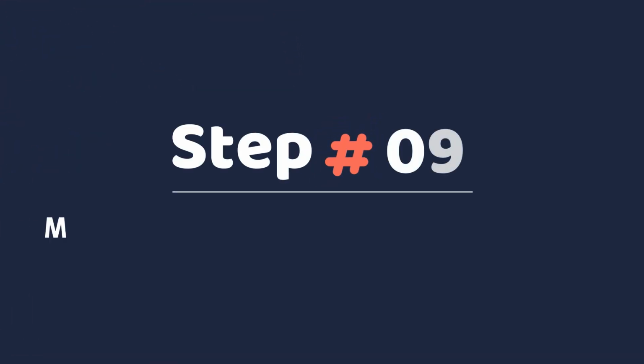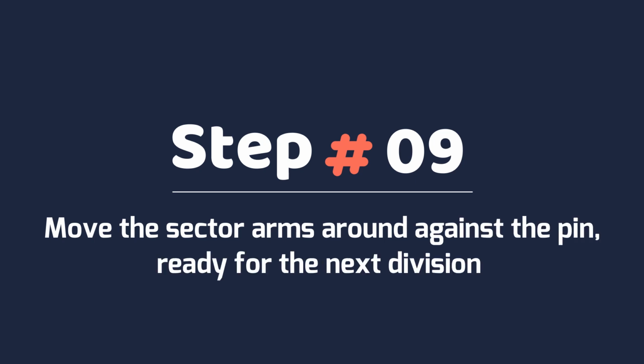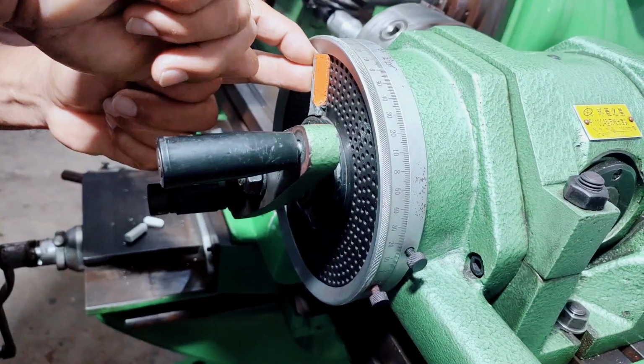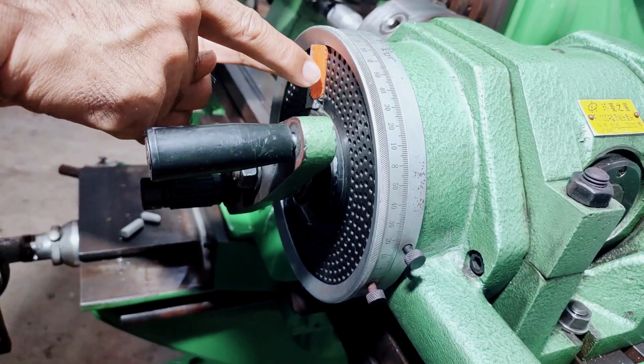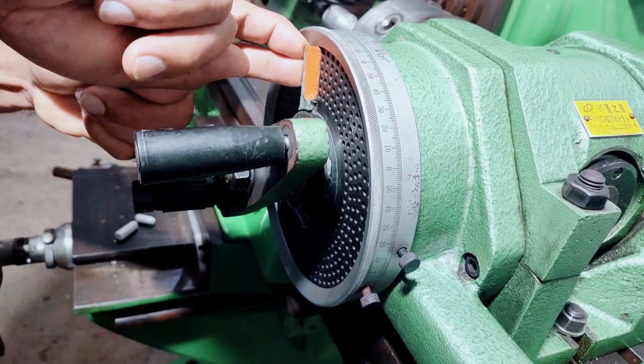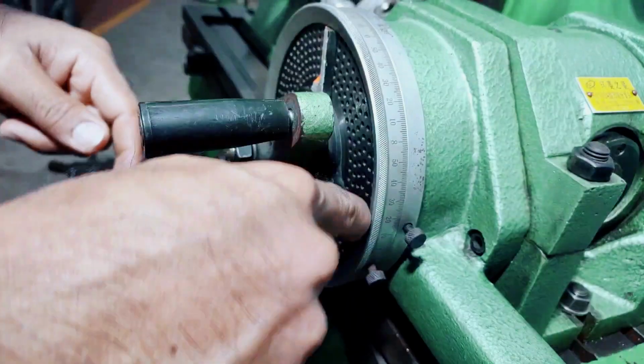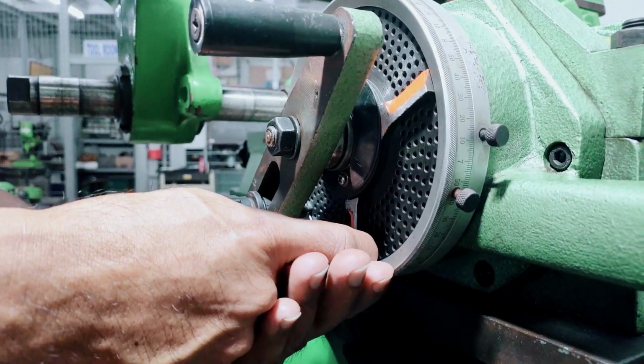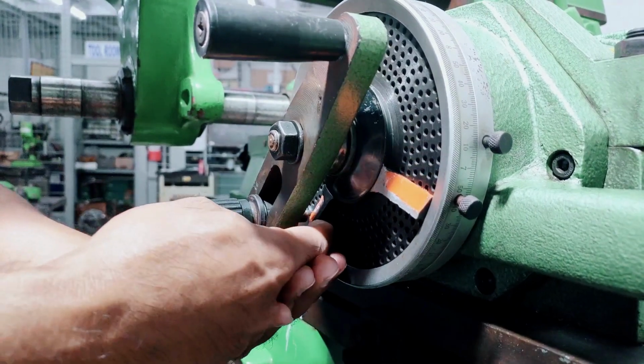The next step, move the sector arms around against the pin, ready for the next division. Okay? I-move ko na itong sector arm natin para itong beveled edge nitong left arm ay babangga na dun sa index pin natin. So, dapat clockwise. Yan.